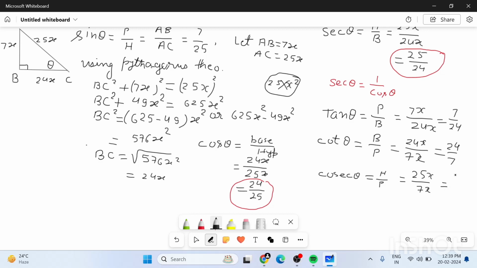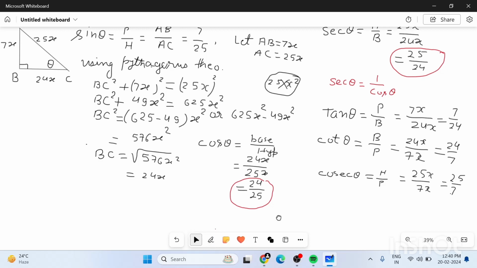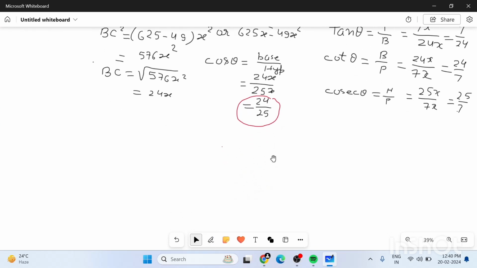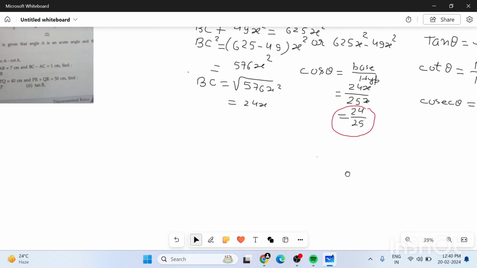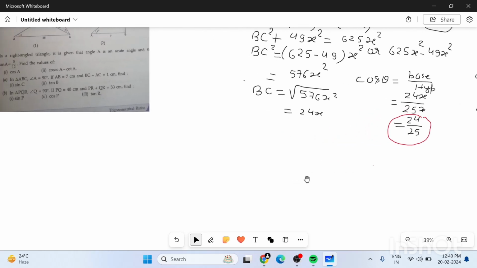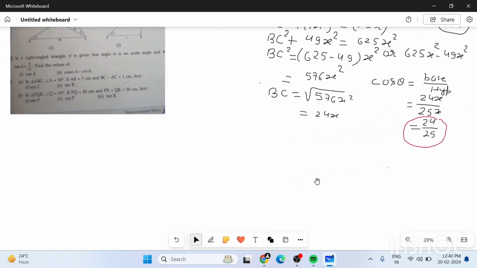So cosec theta will become 25 upon 7. With this, we reach the conclusion that all trigonometric ratios can be calculated if one of them is given. Other trigonometric ratios can be automatically calculated.